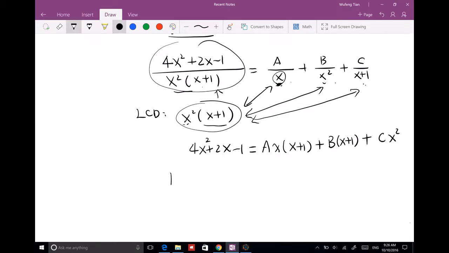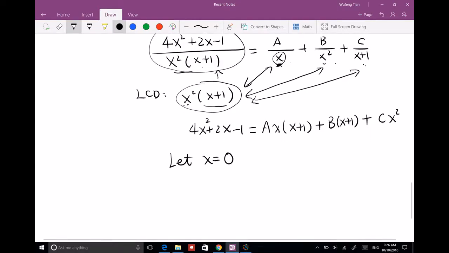Okay, next step. What x do you want to choose? Let x equal a special value to find any variable here. So x equals what first? Nicholas? 0. X equals 0, perfect. So if x equals 0, plug it in. What do I get for this one? -1.